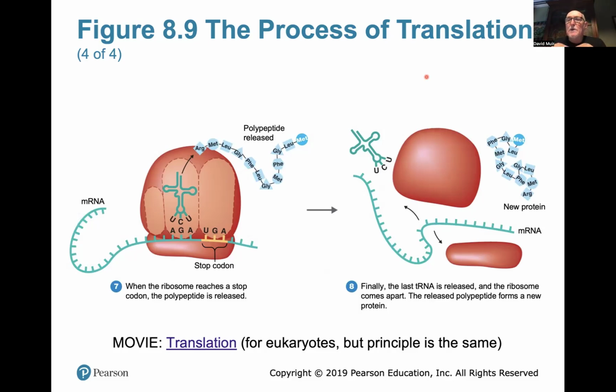Before they are exported, various manipulations are made on eukaryote messenger RNA before it becomes functional and can be translated in the cytoplasm. We're not going to go into the details of that. We are more interested in the prokaryotes. But in any case, the principles of translation that you'll hear about in this movie are basically the same. So please make sure that you watch that.